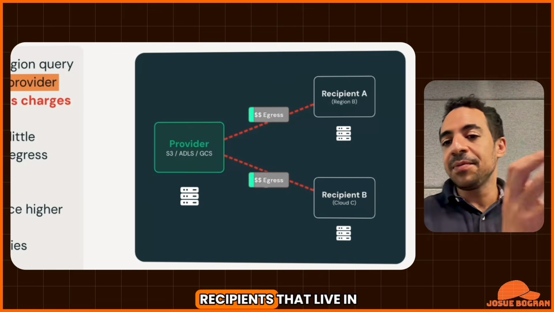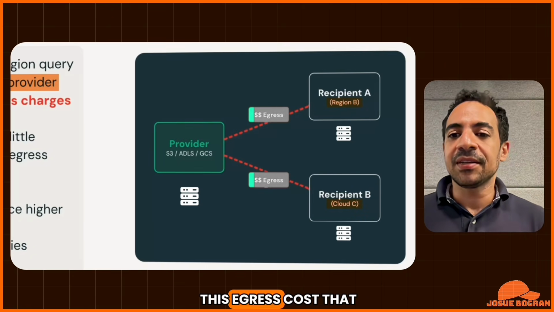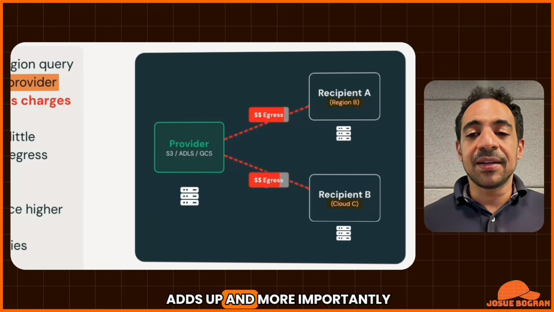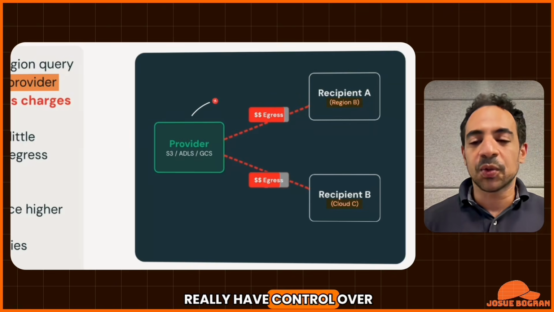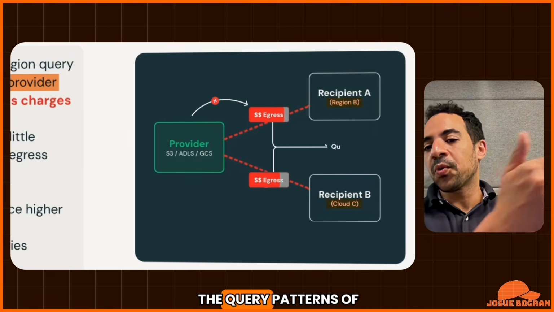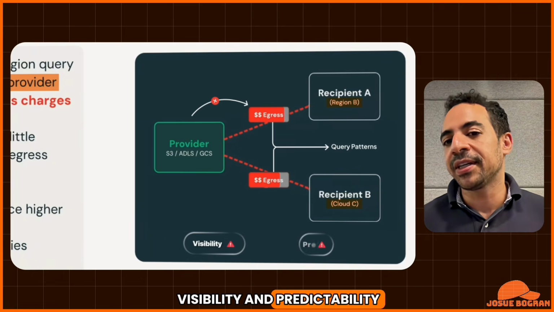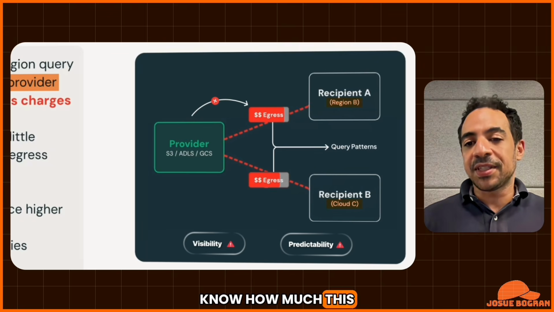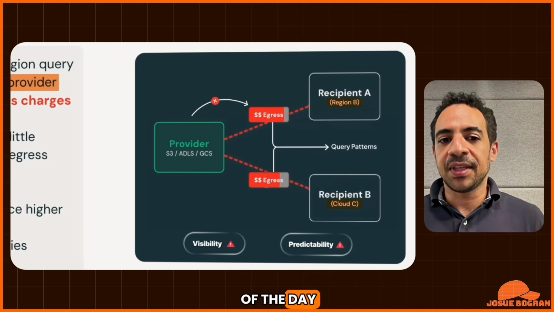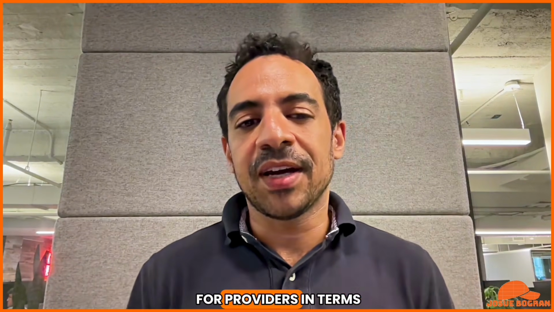When you have recipients that live in different regions or different clouds, you end up having this egress cost that adds up. And more importantly, the data provider doesn't really have control over that egress cost because it depends on the query patterns of the recipient. So that creates a visibility and predictability problem for the providers because they don't really know how much this is going to end up costing at the end of the day.